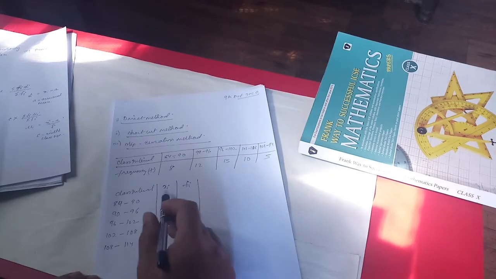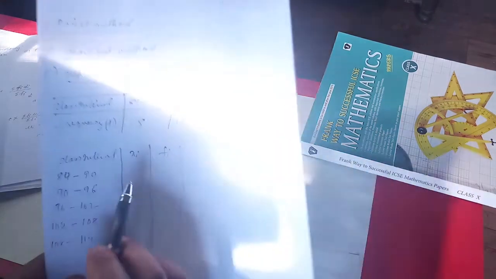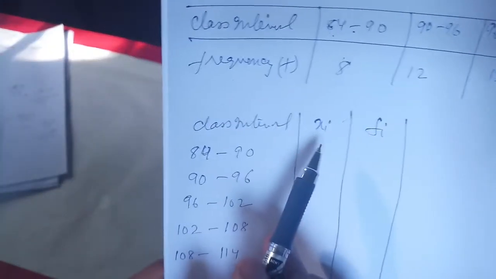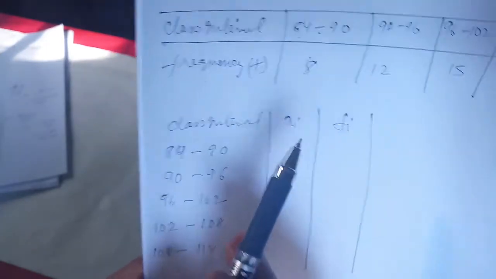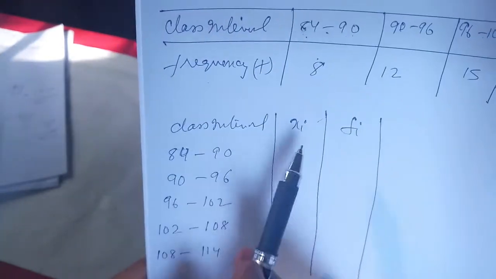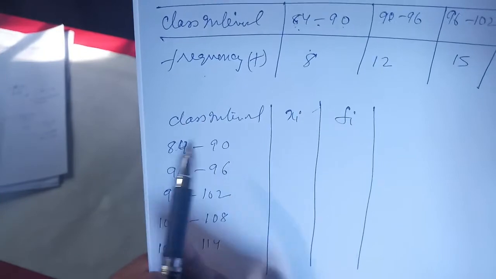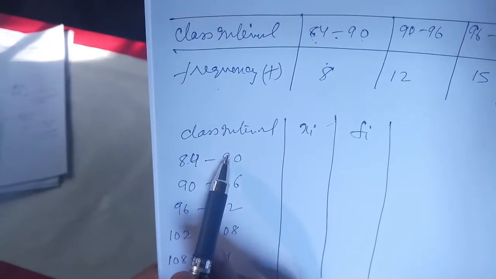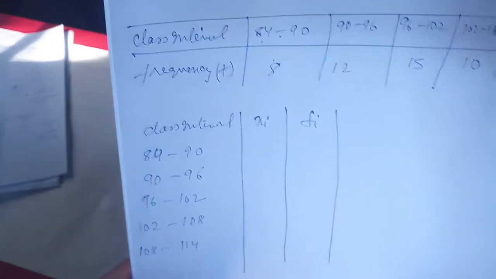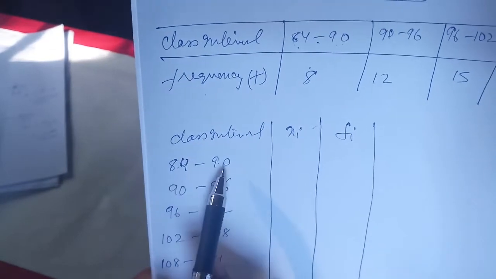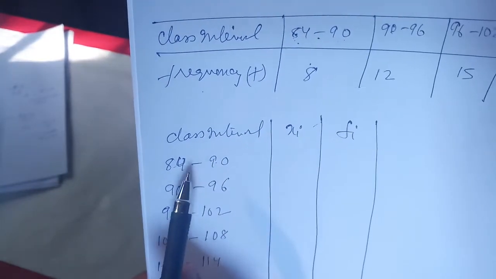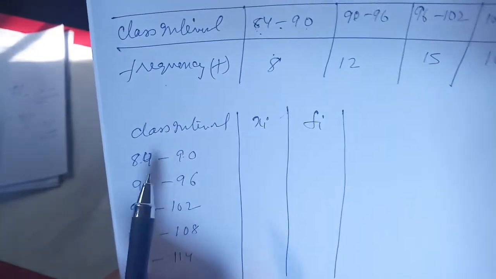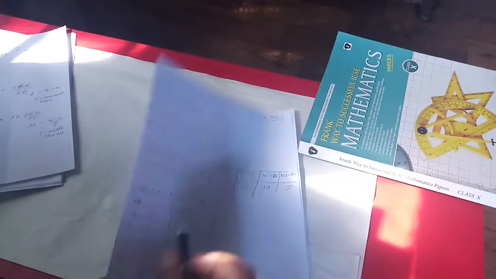Now this is known as the class mark xi, which will give you a single value. And how do you find the class mark? It is like a mid value. So you add the lower limit and the upper limit and divide by 2. When you add 84 plus 90, you will get 174, and when you divide by 2 you will get 87.